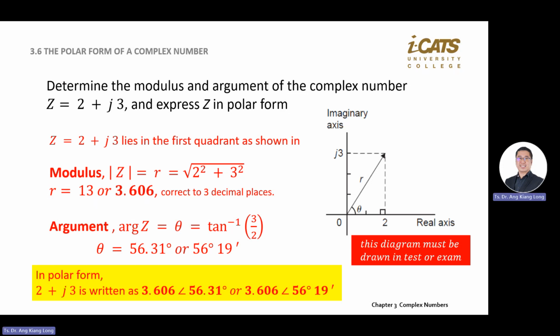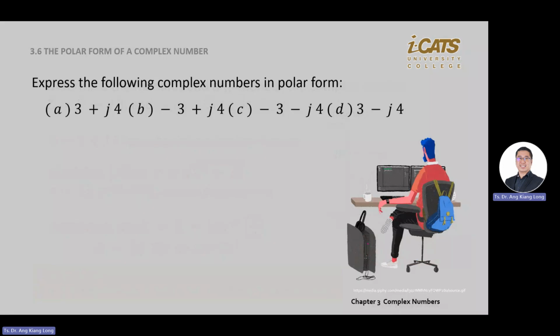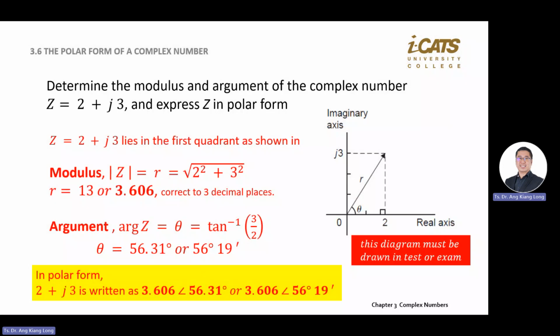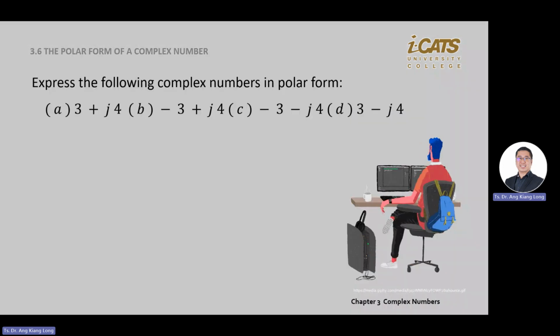This is your final answer, the one in the yellow box. So you write 2 plus j3 equals 3.606 angle 56.31 degrees. Okay. So if you understand this, you should be able to do ABCD.